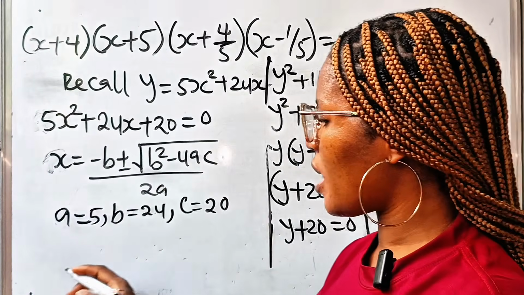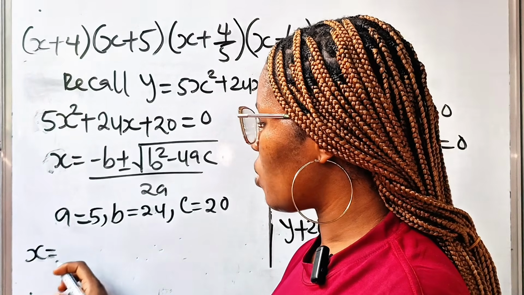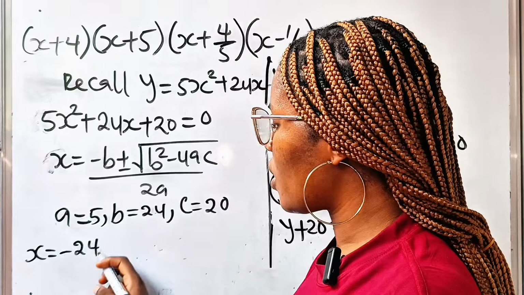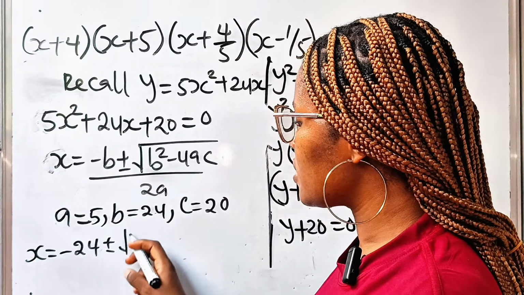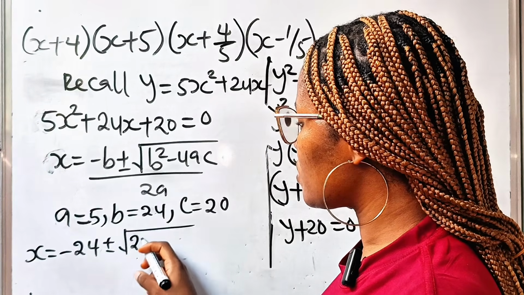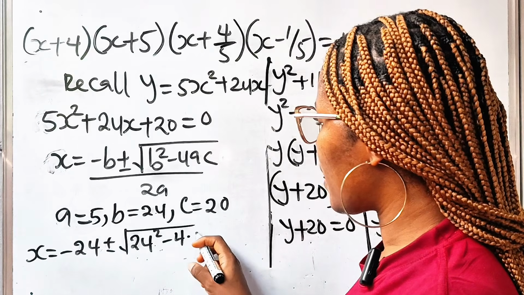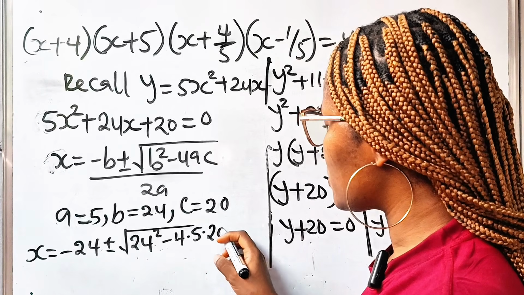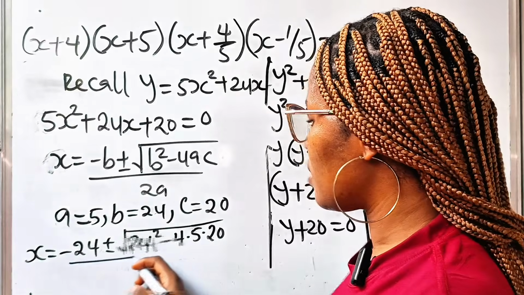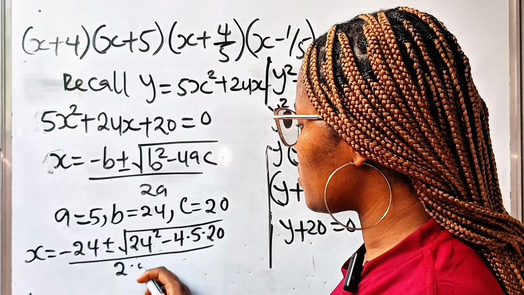So if we substitute here, we have x is equal to minus 24 plus or minus square root of 24 squared minus 4 multiplied by 5 multiplied by 20, everything divided by 2 multiplied by 5.